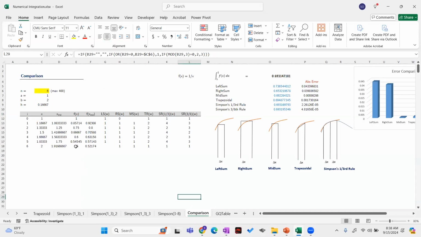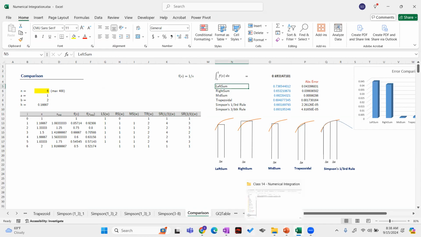And finally, there is a comparison that I've done for this particular integral. So our function is f of x equal to 1 by x. We know that the integration of 1 by x, this is our definite integral, 1 by x dx from 1 to 2. What is the value?